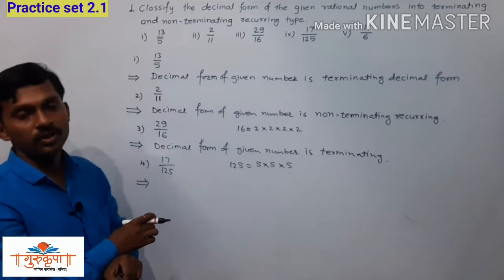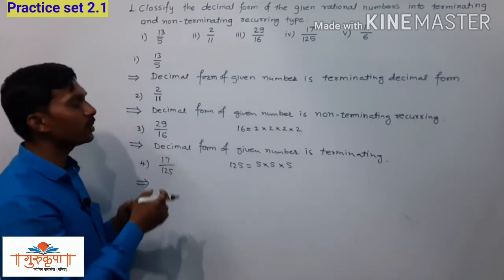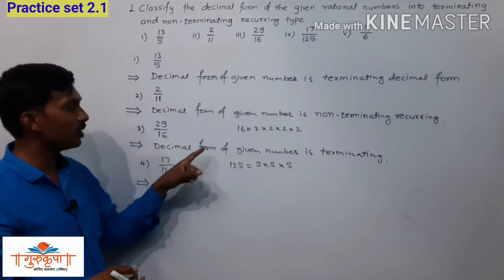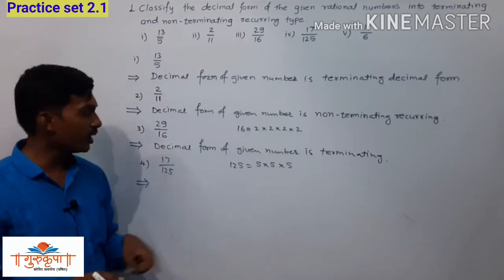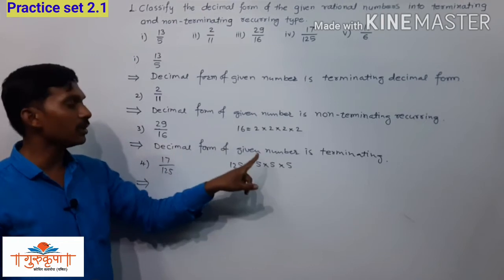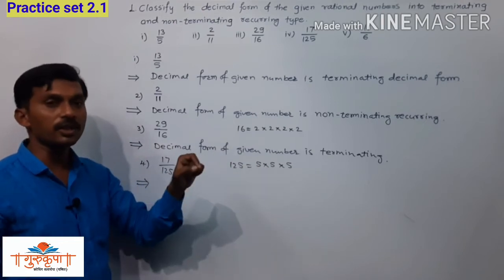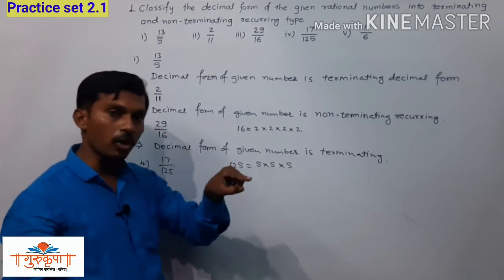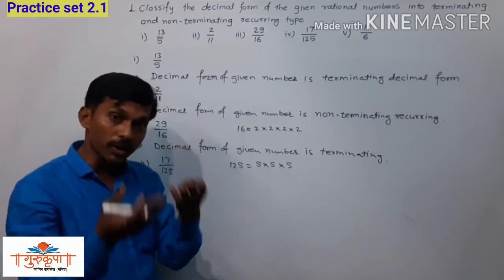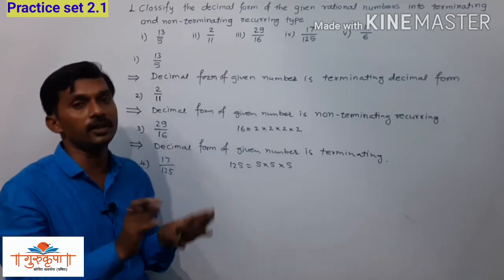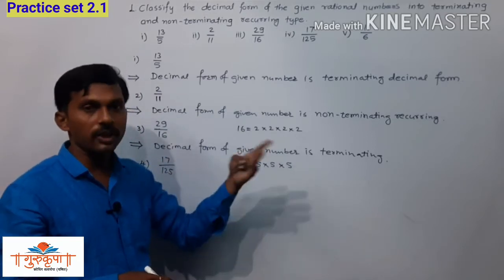Since only 5 is in the prime factorization of the denominator, the given number is in terminating decimal form. Why? Since the denominator includes only 5 as a prime factor. What is the condition? Either 2 should be there or 5 should be there, or 2 and 5 both. No other number should be included other than 2 and 5.